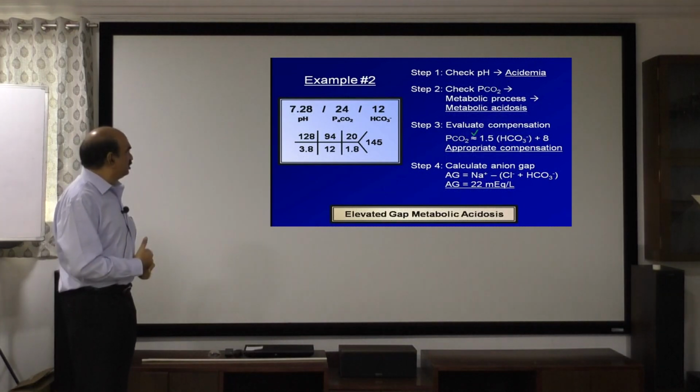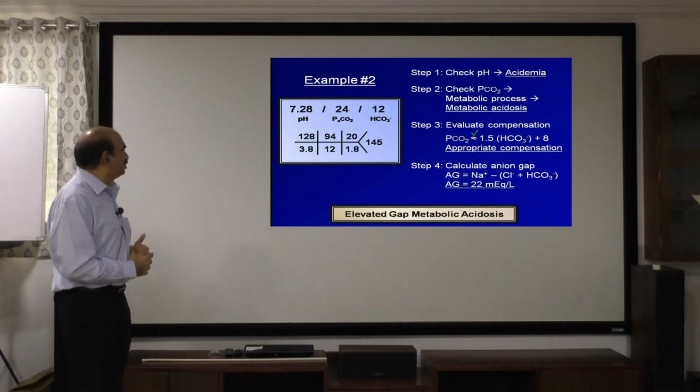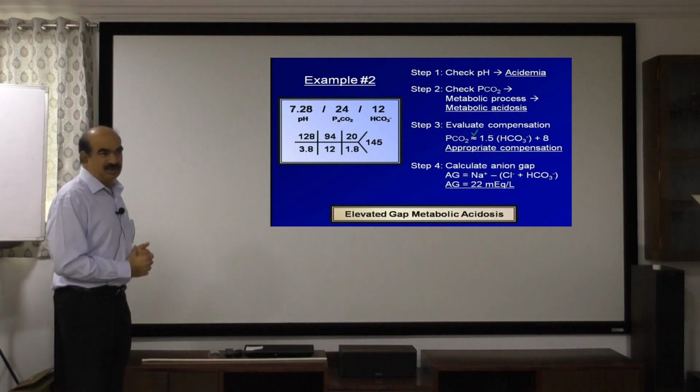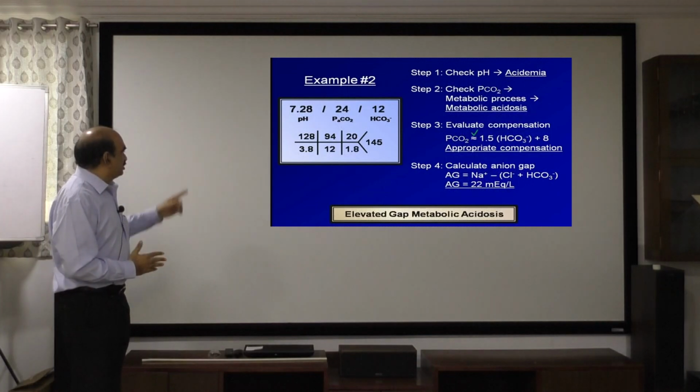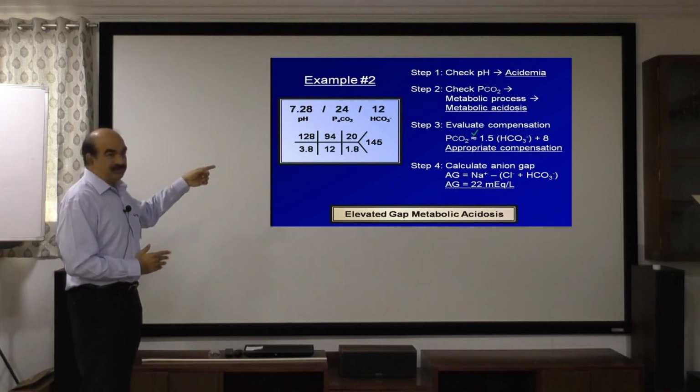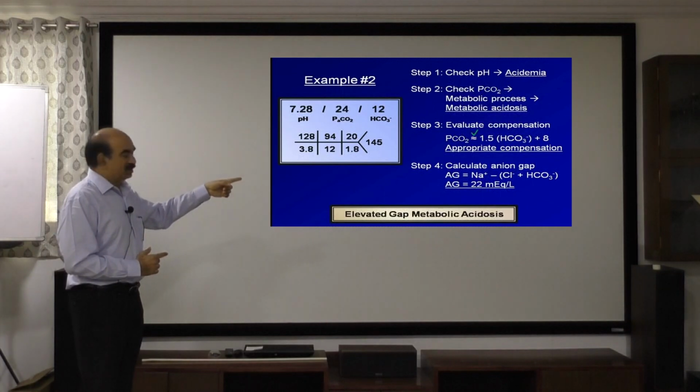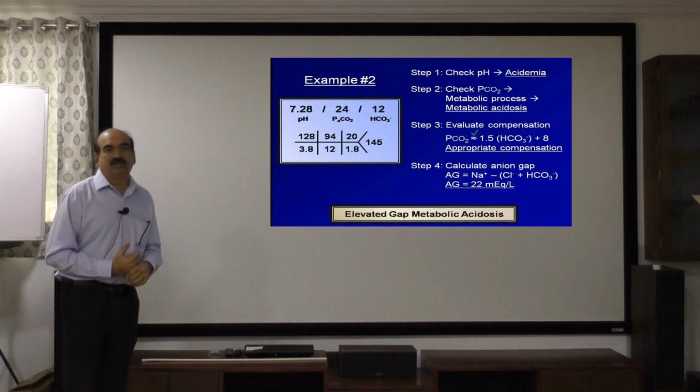Almost a difference of 2, so appropriate compensation, within 2. So calculate the anion gap: 128 minus 94 plus 12, that is 22. It is a high anion gap metabolic acidosis.